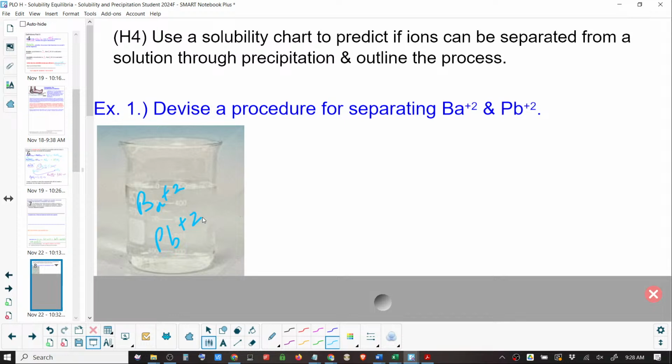Sorry, SO4 2 minus. That makes barium salt. Does it only precipitate one of them? Mix barium salt.